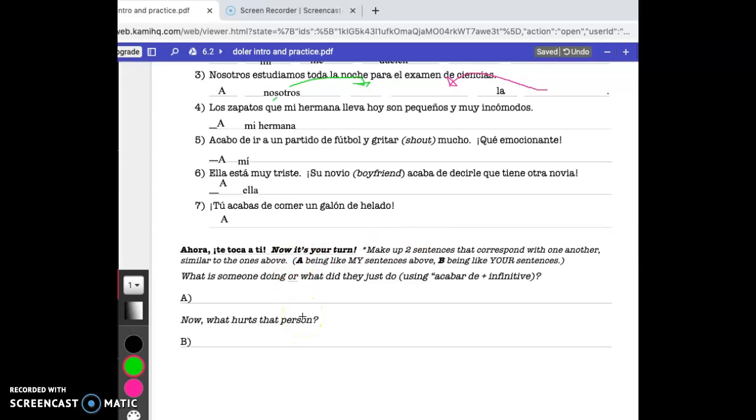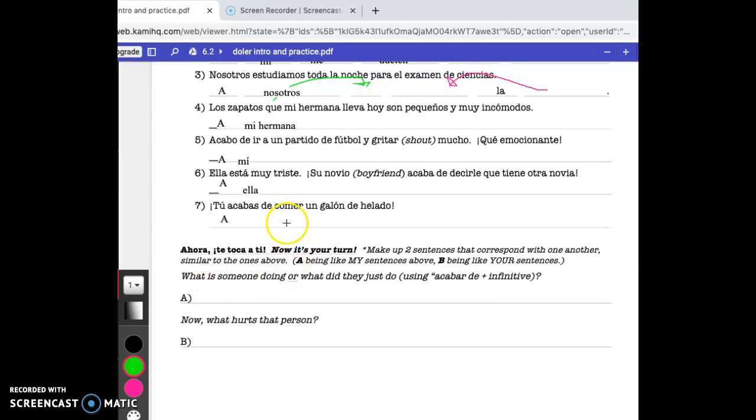Now it's your turn. Make up two sentences that go with one another. Make an A and a B. So make a sentence here, like mine up here. A sentence along the lines of, I am in the pool for 5 hours. Or a sentence like, my friend just studied for 12 hours.